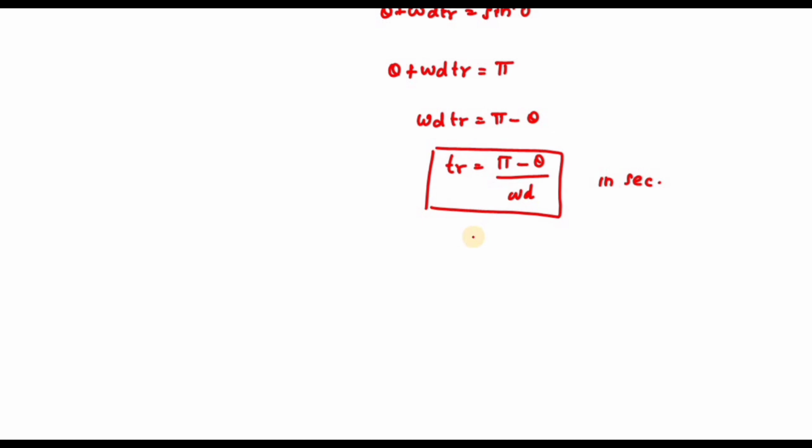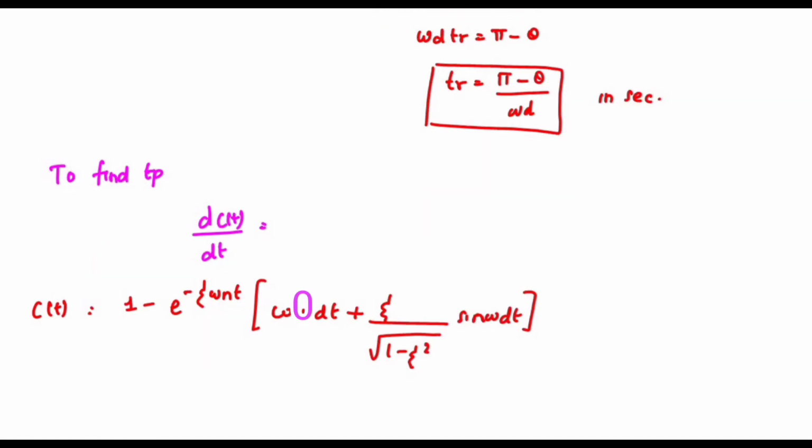Next, we will discuss how to find the value of peak time. So you have to differentiate this output response and equate it to 0 in order to get the value, right?